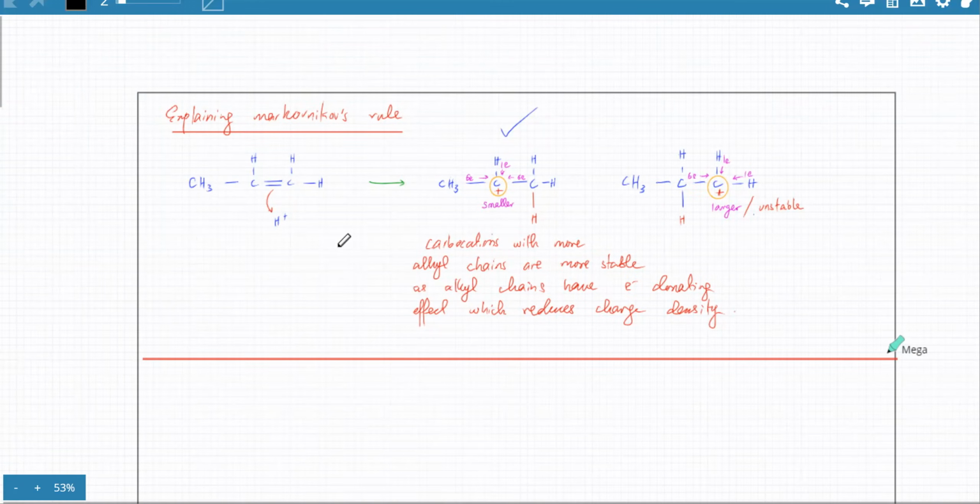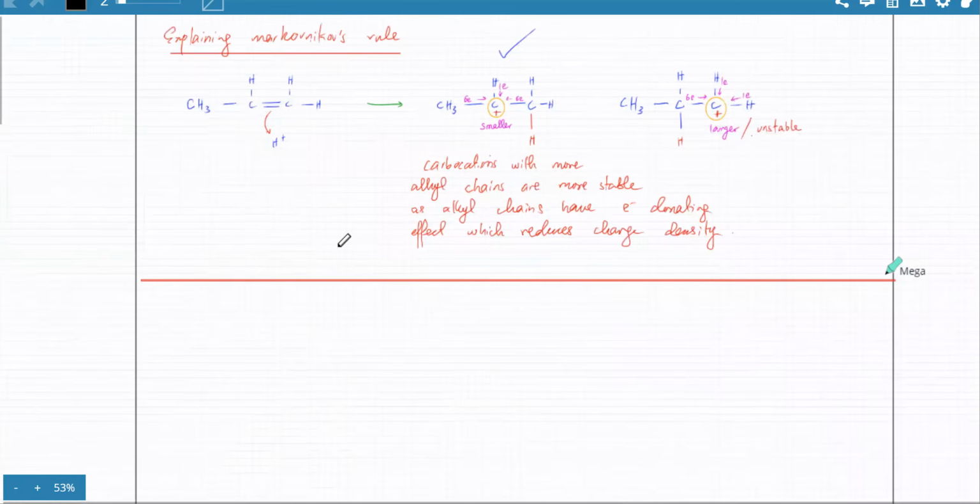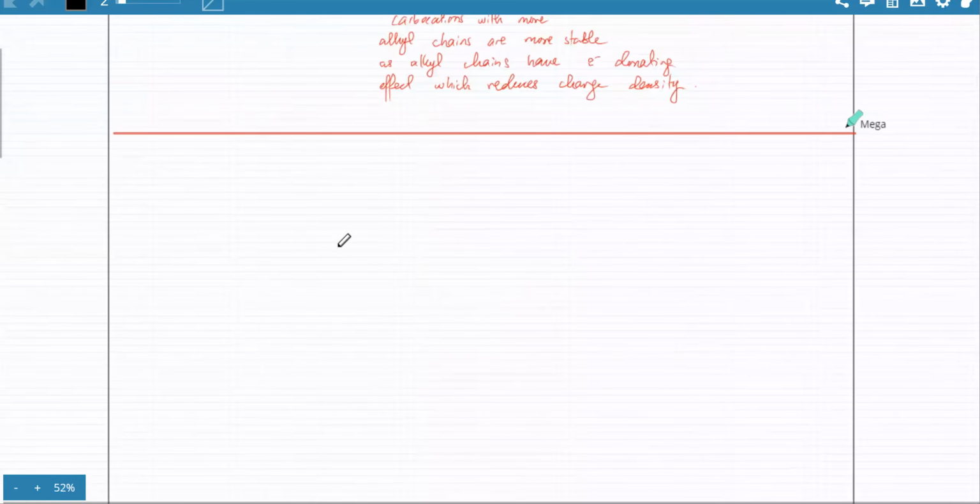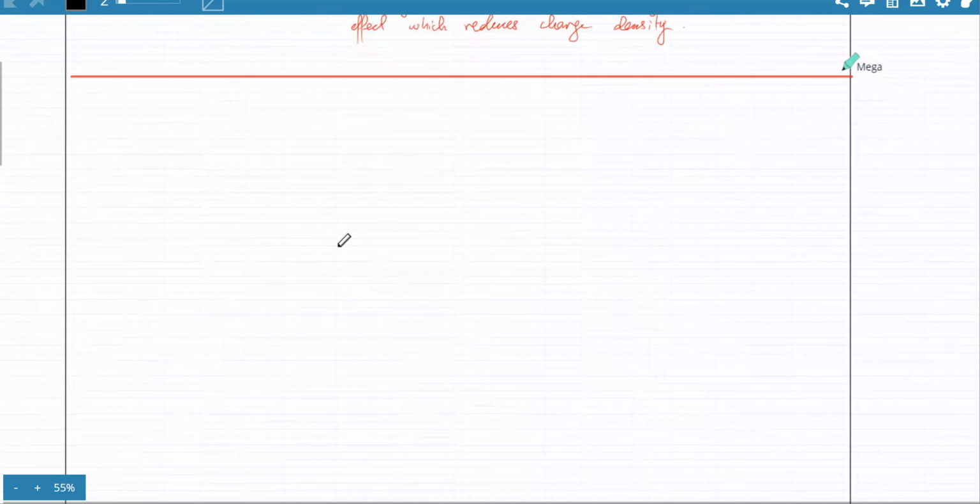The next thing about alkenes, and alkenes is a big topic, is we're going to talk about oxidation of alkenes.